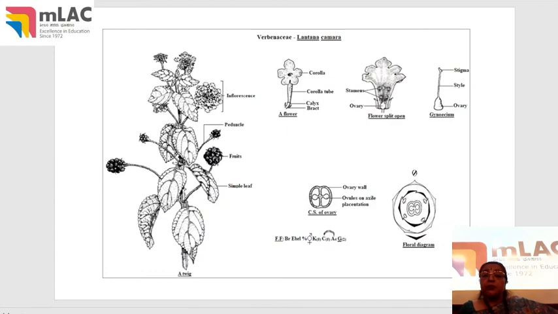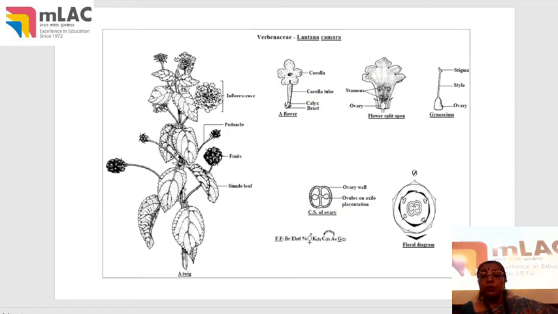Now, when it comes to the features of Lantana, which is a plant found as a weed. It's a common weed, but of course nowadays we have cultivated ones which are found even in parks. We find clusters of beautiful colored flowers.